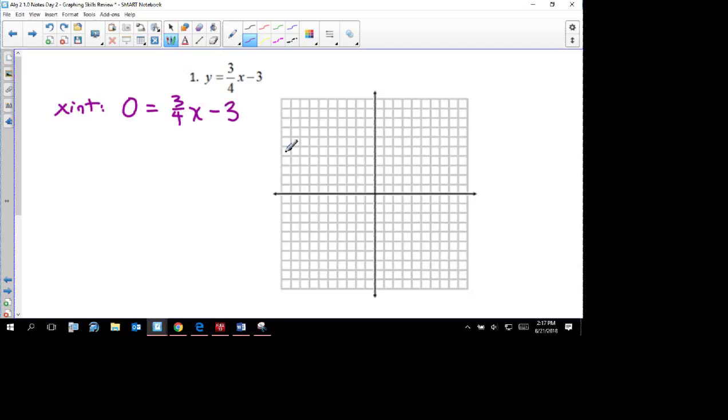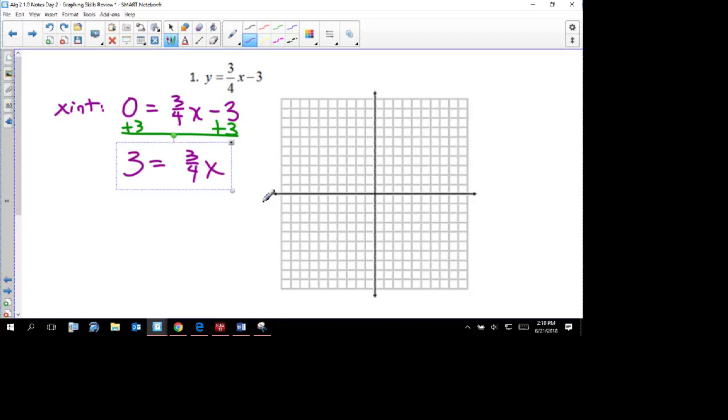If I say 3/4 x minus 3, what is the last thing I just did? Minus 3. So what do I do to undo minus 3? Plus 3. You always do the opposite of the operation. So now I have 3 equals 3/4 x. Now 3/4 x has an operation, but I'm not saying it out loud.